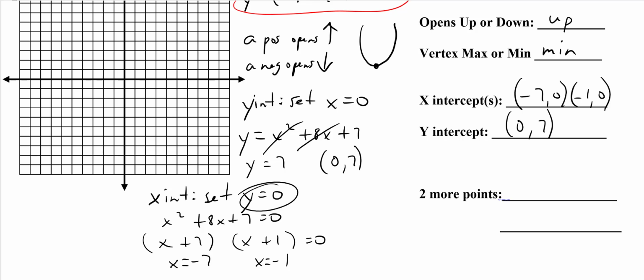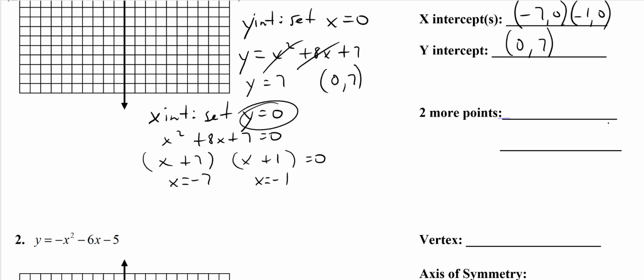Okay? 2 more points. So we're going to make a little more room here. Basically what I'm going to do is pick a point on either side of the vertex. And we already know the vertex is -4, -9. So I'm going to pick a point one less than it and one more than it. So one less is -5 and one more is -3. Now here's the deal, math fans.